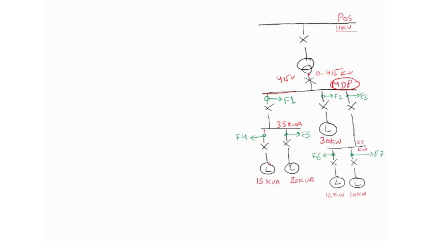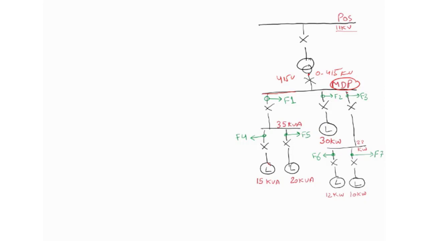Like this feeder 1 is supplying energy to this distribution board, and from this distribution board, electrical power is distributed into these two feeders to provide electrical power to different loads, where one load is consuming 15 kVA of power, and this load is consuming 20 kVA of power. Similarly, feeder 2 is supplying electrical energy to this load, which is consuming 30 kilowatt of power from this main distribution board.